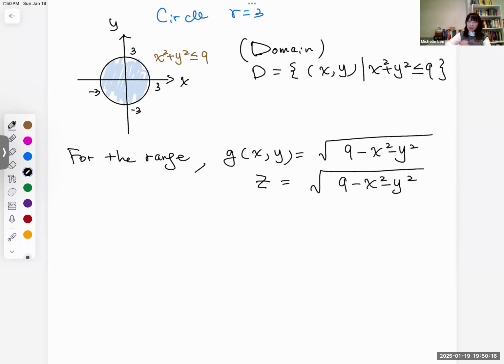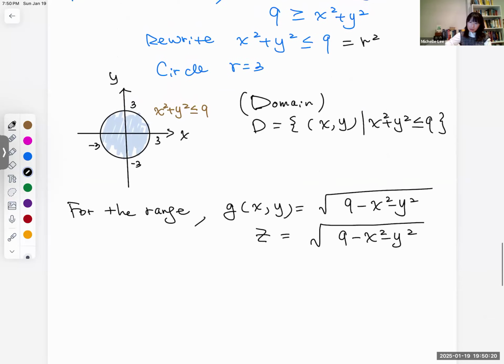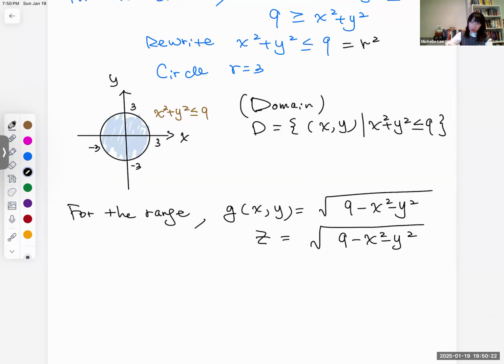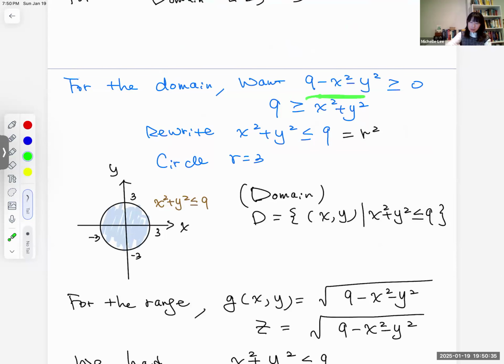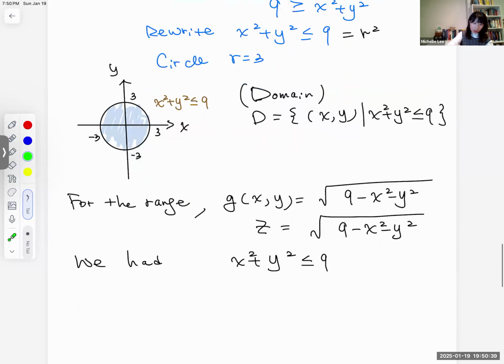Okay, now we found earlier we had x squared plus y squared less than or equal to 9, right? And then this one comes from z greater or equal to 0, right? So we want to write down greater or equal to 0.